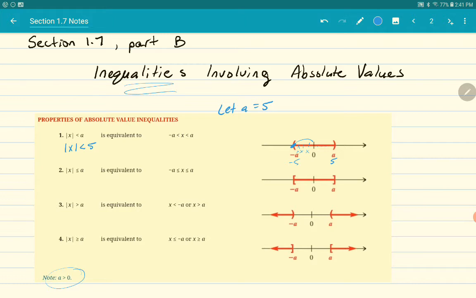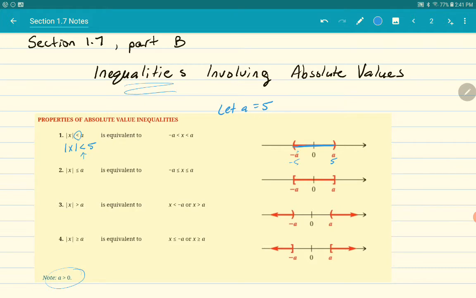But since it says less than 5, it's somewhere between -5 and 5. That distance is small. So when I have a less than sign, that tells me that distance is closer to 0. And since it's strictly less than, I have these open parentheses telling me that distance is within 5 units of 0, but it is not equal to 5.